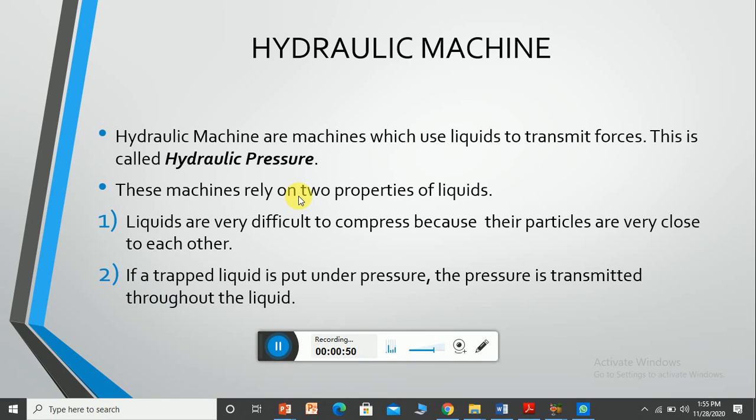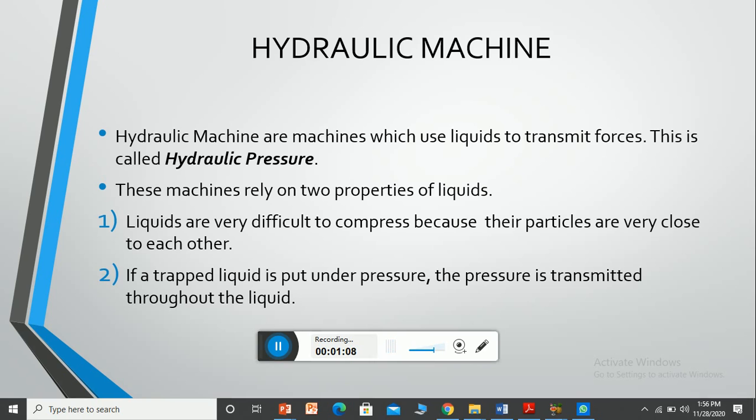So hydraulic machines are machines in which we use liquids to transmit force. This is called hydraulic pressure.